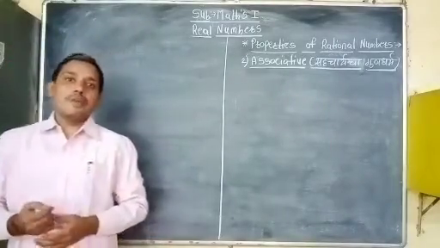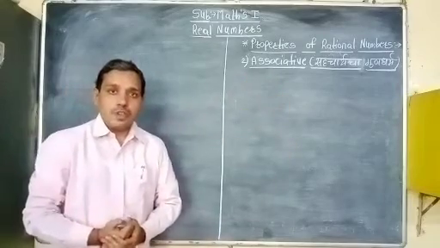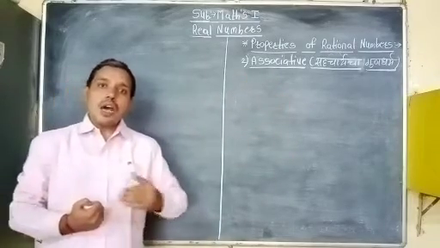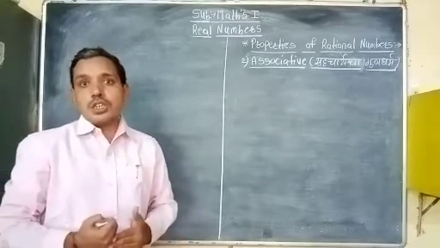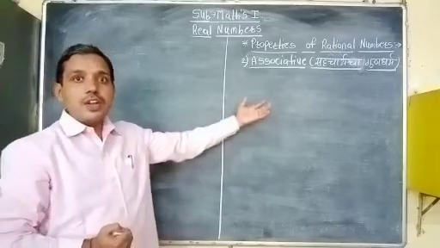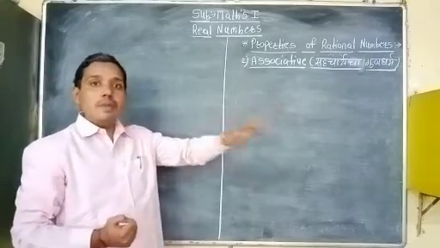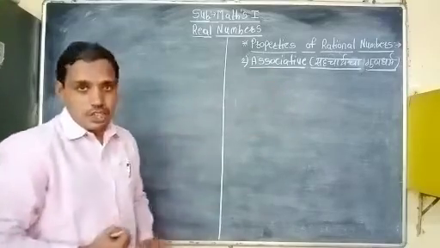Then the second property of rational numbers is the associative property. How the rational numbers hold the associative property in multiplication and addition, we will discuss by taking different examples, and we will understand more in detail about the associative property of rational numbers.